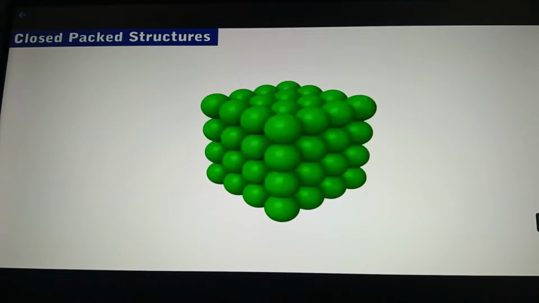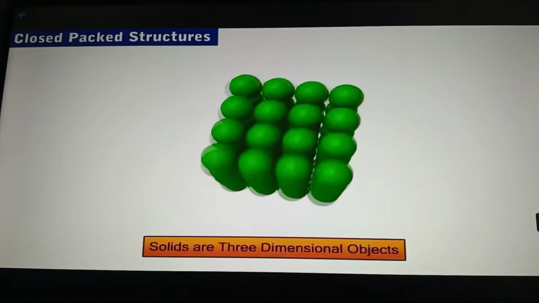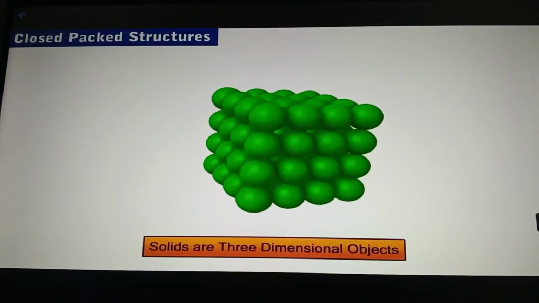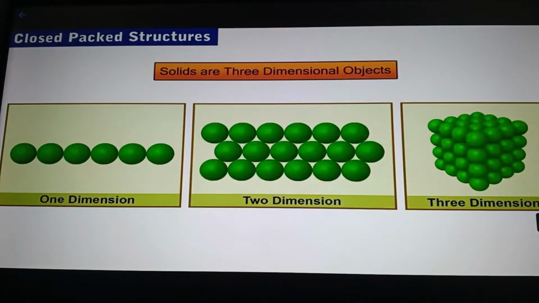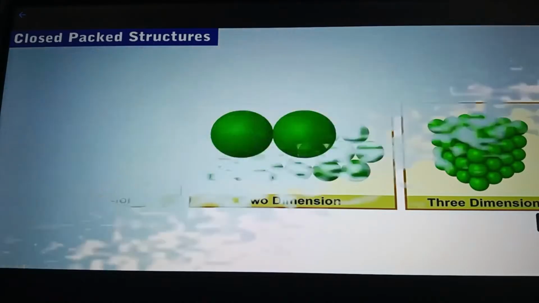such that the available spaces fill very efficiently. Solids are three-dimensional objects, and we will develop their structure in 3 steps. To understand how the constituent particles are packed, let us assume that these particles are hard spheres of identical size.